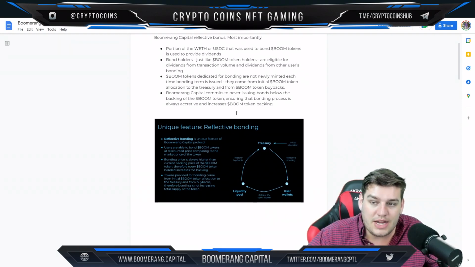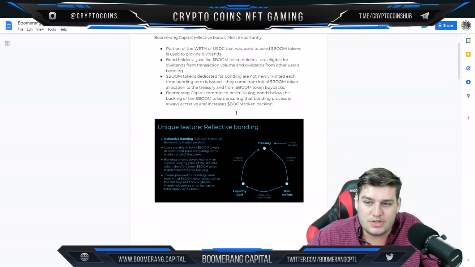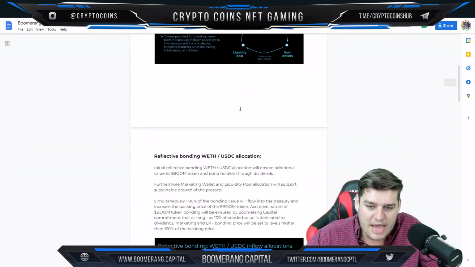Boom tokens dedicated for bonding are not newly minted each time. Bonding tokens issued come from the initial Boom token allocation to the treasury and from Boom token buybacks. And Boomerang Capital commits to never issuing bonds below the backing of the Boom token, ensuring that the bonding process is always accretive and increases Boom token backing.